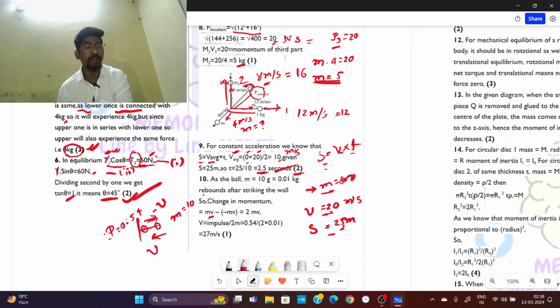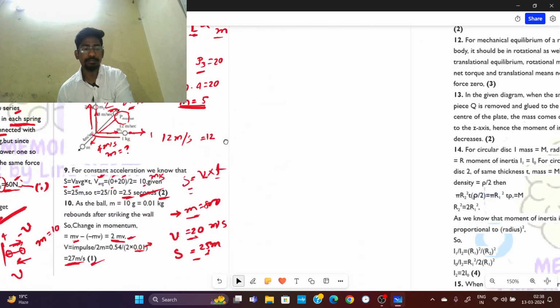Therefore, the velocity in this case is minus v. So if we calculate the delta p, that will be equal to mv minus (minus mv), that means 2mv. 2mv is nothing but the impulse. So 2mv equals 0.54, right? Therefore v will be 0.54 by 2, and the mass was given as 10 gram, so we have to convert it into kg, that is 0.01. If we calculate this, you will get the value of velocity as 27 meter per second. So therefore option A is correct.